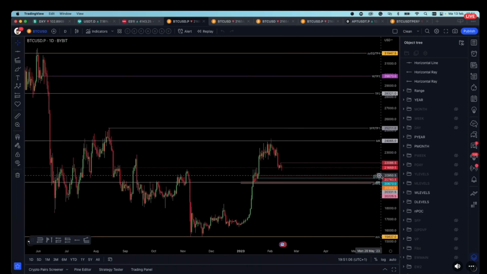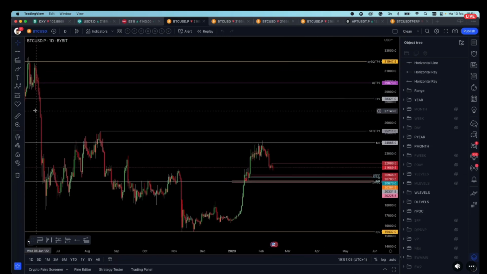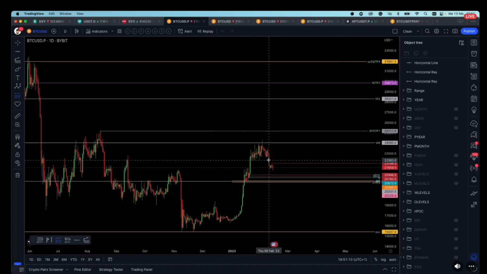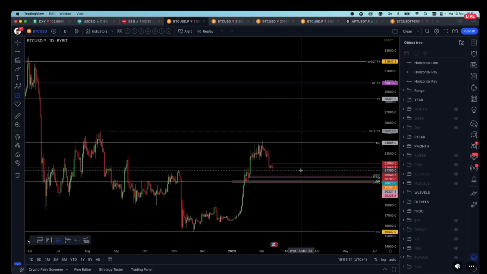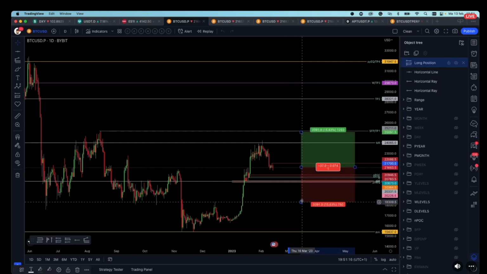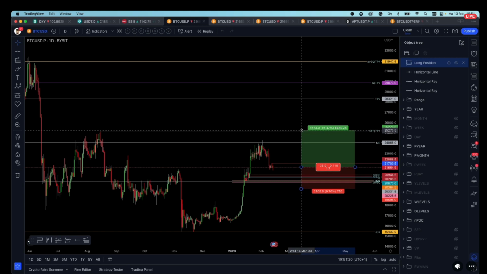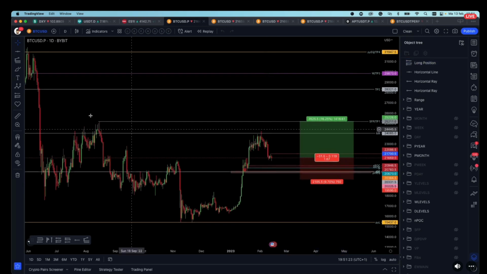Let's just say that you want to swing trade and you would like a good trade. You could wait for the market structure to change, or let's just say that you want to enter already. Then this would be your trade. Let's see.